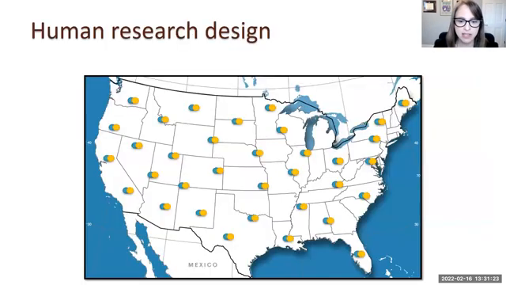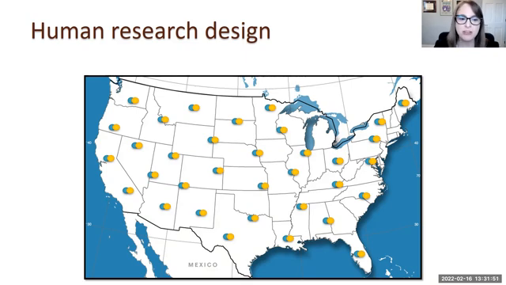To make my point, here's an example of a study we might do with humans where we have matched pairs. It could be a variety of things: sex, socioeconomic class, stages of disease, any variety. But as you can see, we've sampled clear across the United States and lots of random places, but we had these matched pairs.